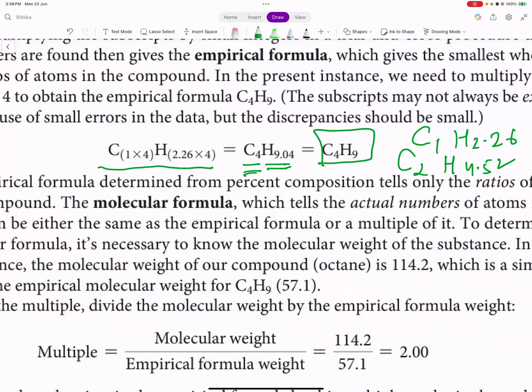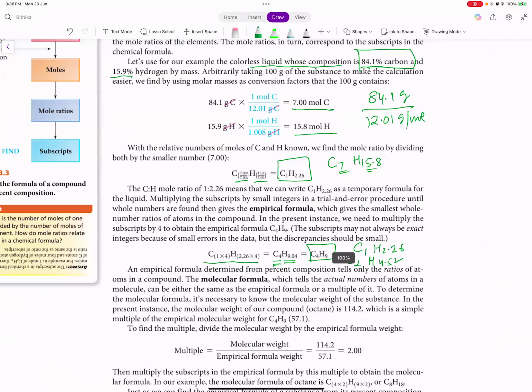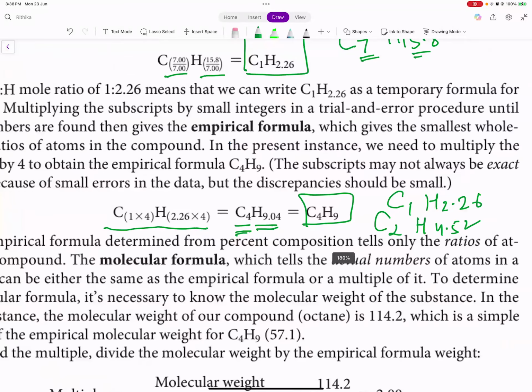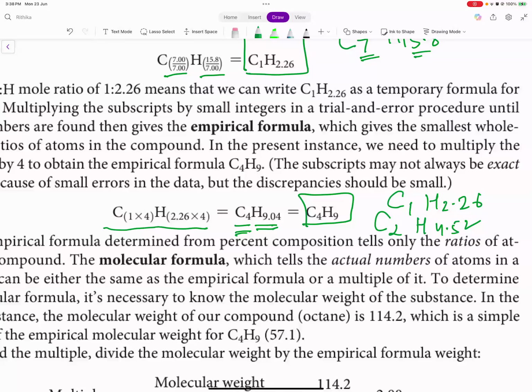Got it? But why did we multiply over here? We are multiplying because we are trying to find the simplest whole number ratio. Initially, we calculated the moles. Then we divided by the smallest number.